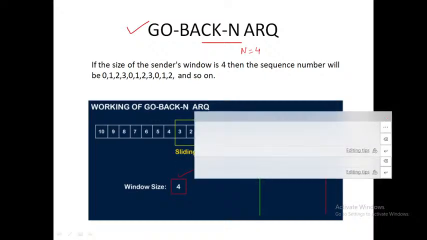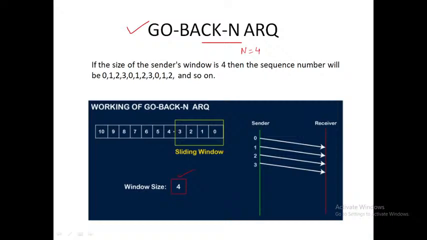That is, this window will contain the first 4 packets, right? So what is the sequence number here? The sequence number will be 0, 1, 2, 3, again 0, 1, 2, 3, again 0, 1, 2, 3, and so on, until you reach the end of the frames.